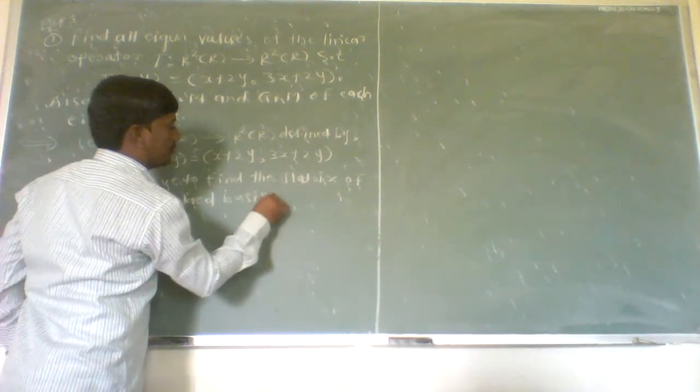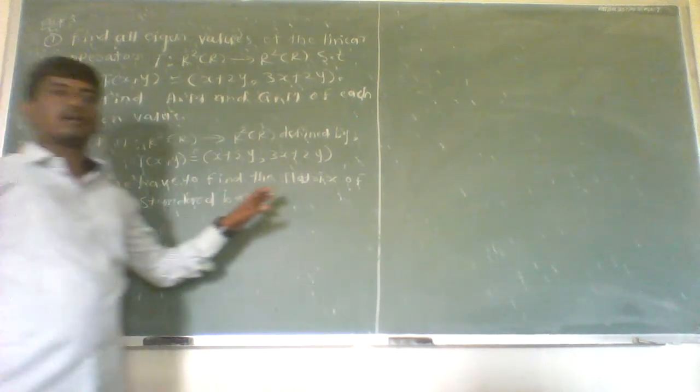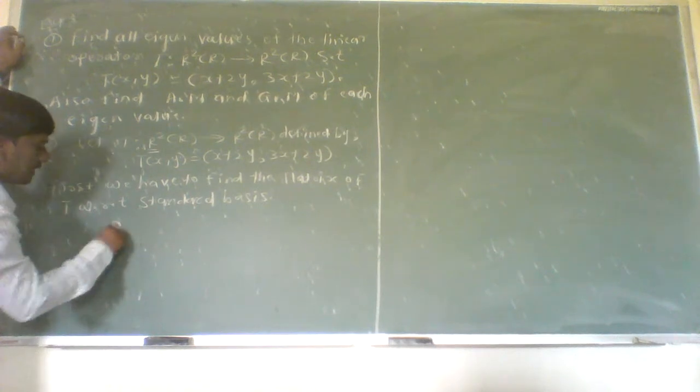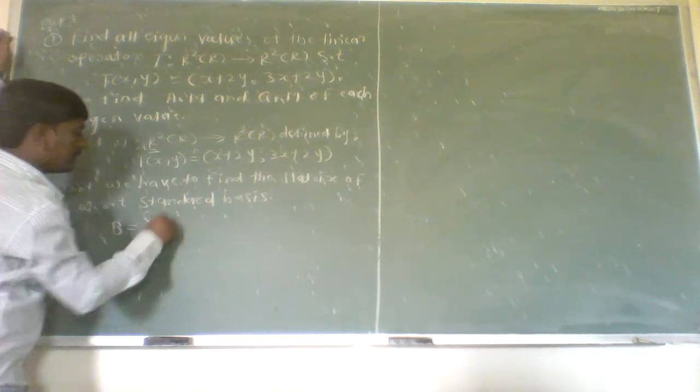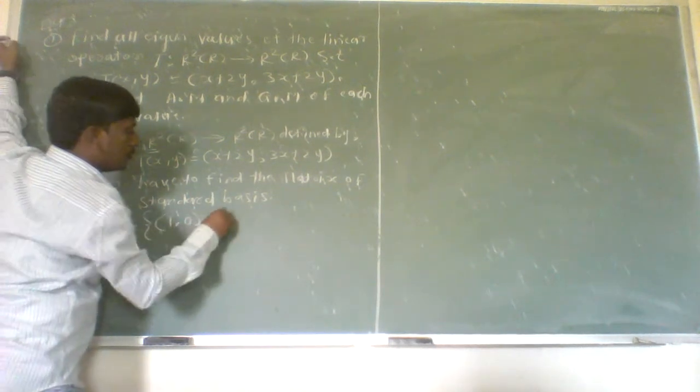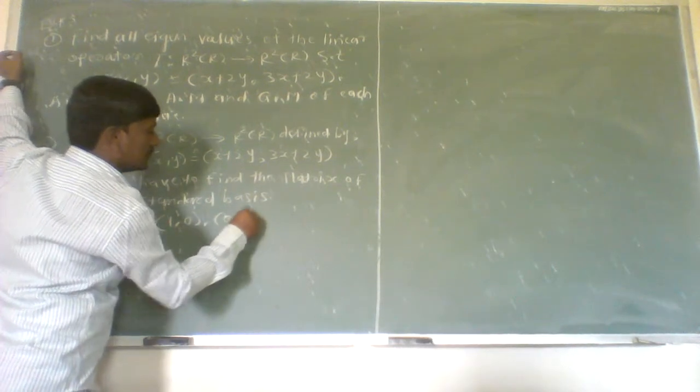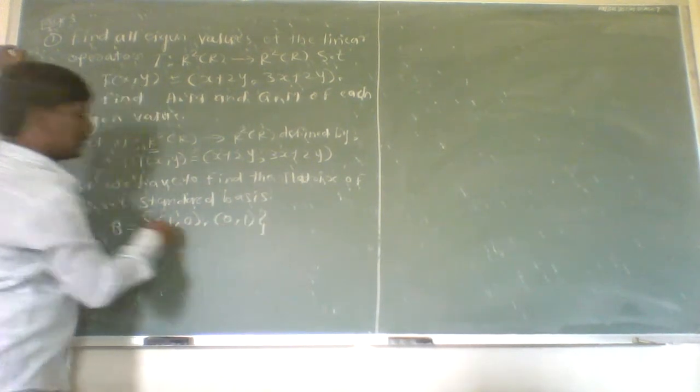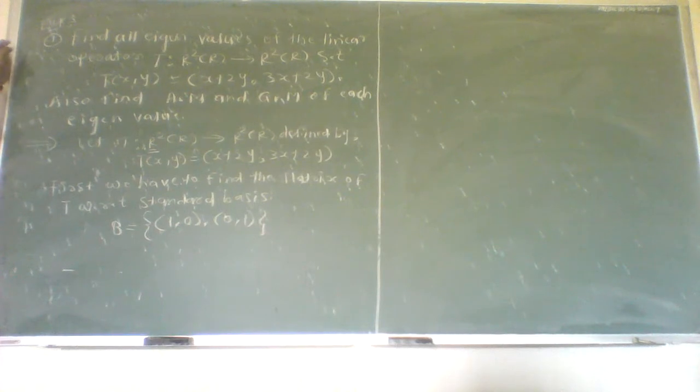If basis is not given, then we find out its matrix with respect to the standard basis. Now, as here R2 over R is given, its basis contains the elements (1, 0) and (0, 1). Since the dimension of R2 over R is 2, this one is the standard ordered basis.